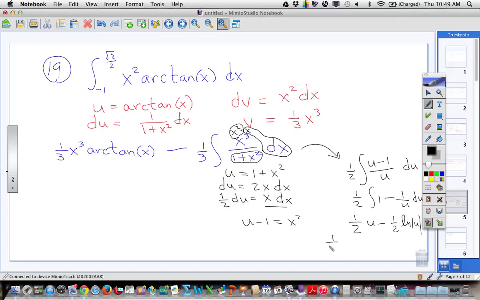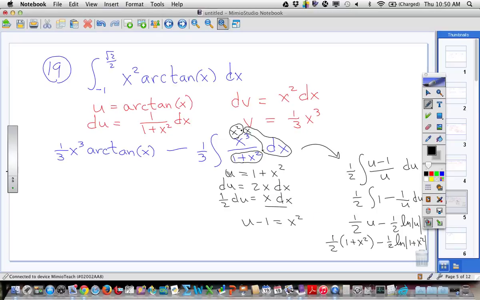So this is 1/2 times 1 plus x squared minus 1/2 ln of 1 plus x squared. As if there's not enough going on here. Is 1 plus x squared ever going to be negative? 1 plus x squared never is going to be negative, so we don't really need the bars. Leaving them there is fine. Okay?